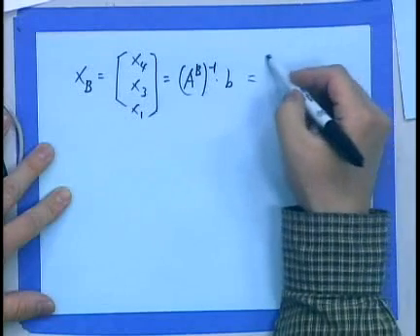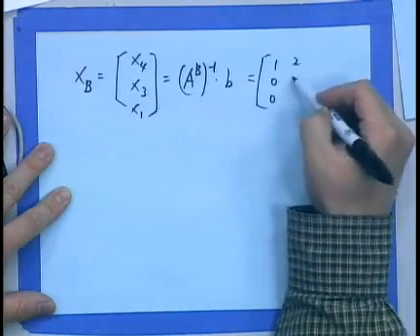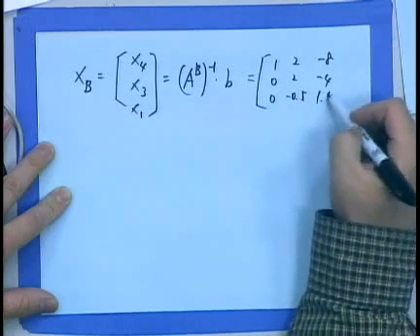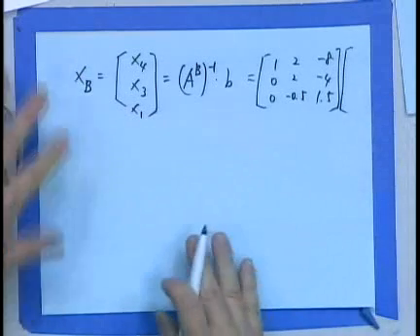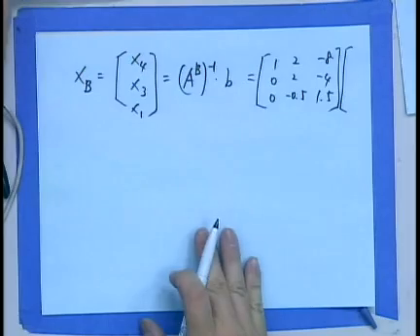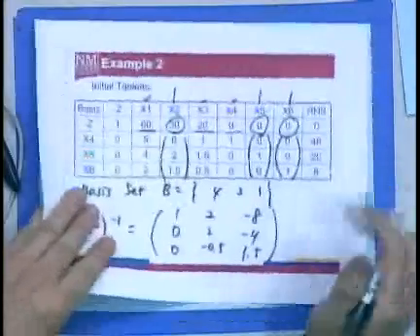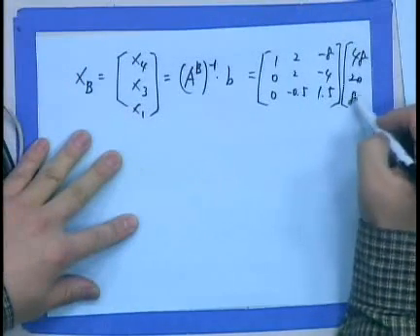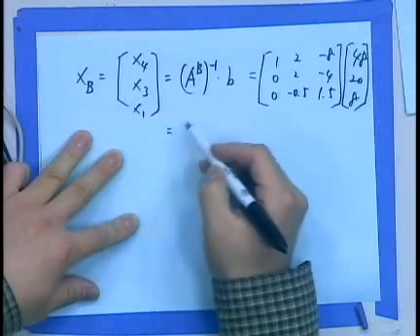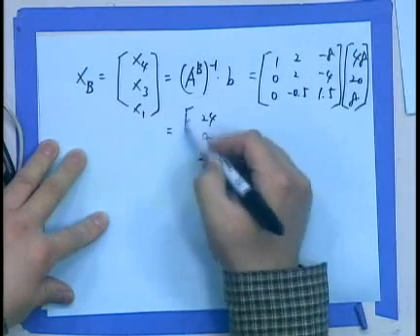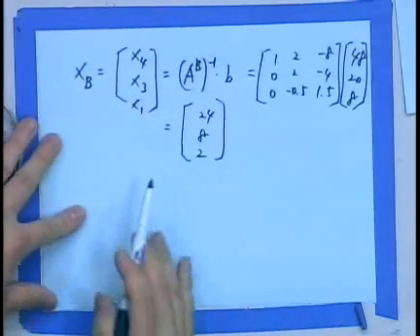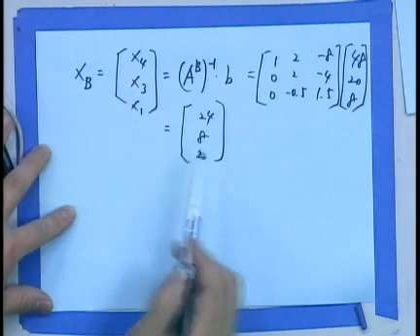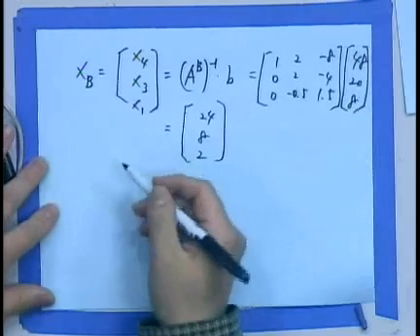And this is going to be 1, 0, 0, 2, 2, negative 0.5, negative 8, negative 4, 1.5. And the right-hand side value from the original table is 48, 28, right? And this value becomes 24, 8, 2, which means our optimal solution is x4 equals 24, x3 equals 8, x1 equals 2.